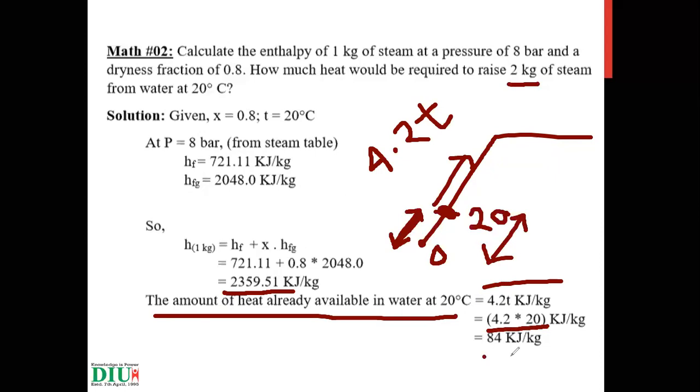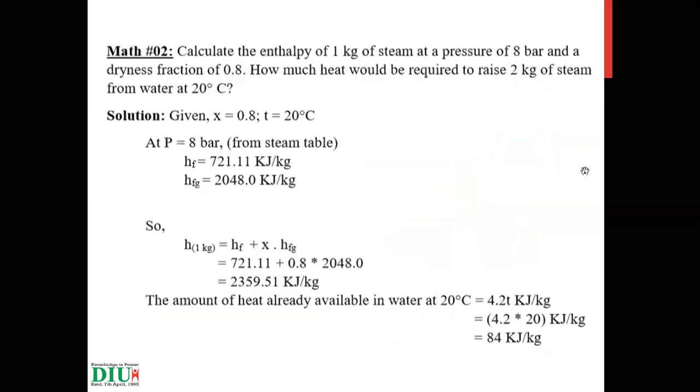So this 84 kilojoule amount of heat is extra. So we have to subtract this value from the total value. Then we will get the value for 1 kg, and after that we will multiply that value with 2. That will give us our answer.